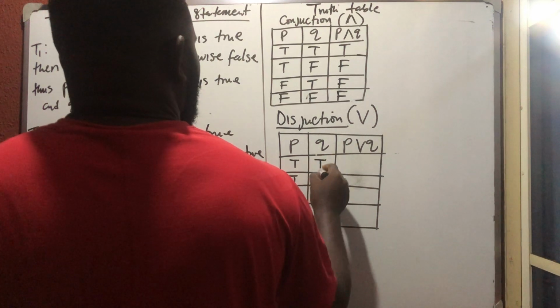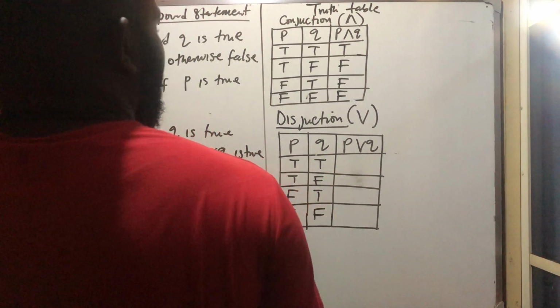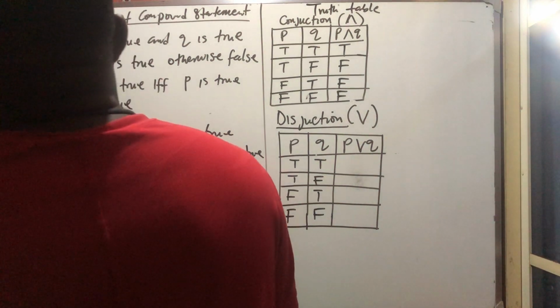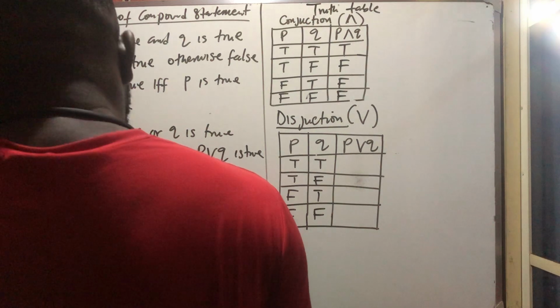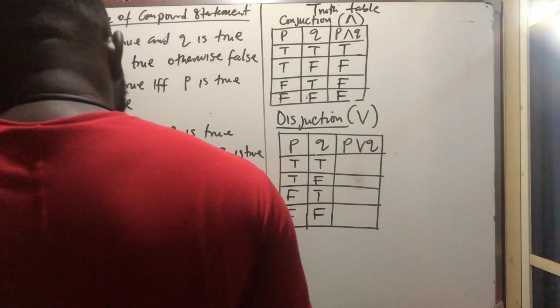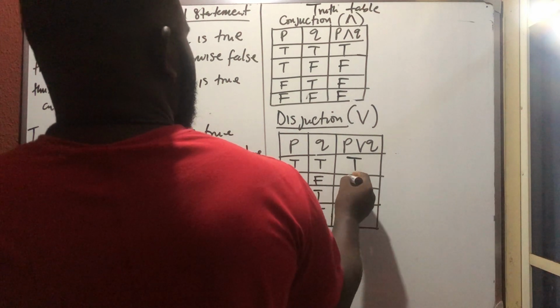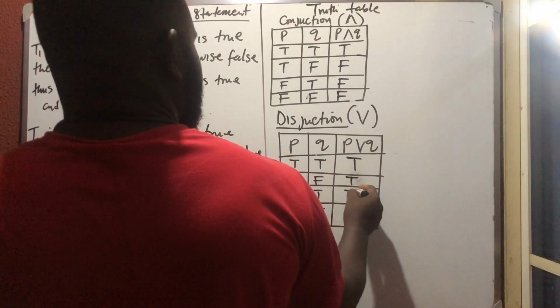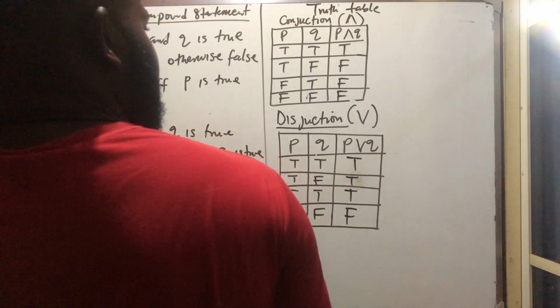Then here will be truth, false, truth, false. And this one says once one person is truth, the result is truth. Is anybody truth here? Yes. Is anybody truth here? Yes. Is anybody truth here? Yes. Is anybody truth here? No. So it will be false. Okay, so that is that.